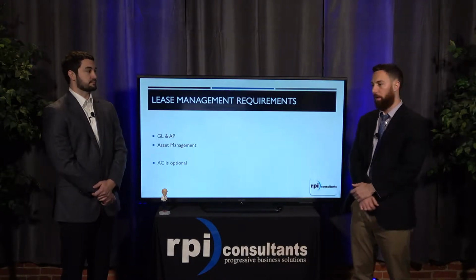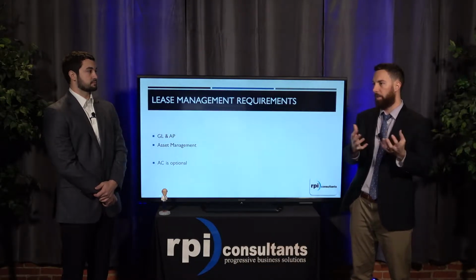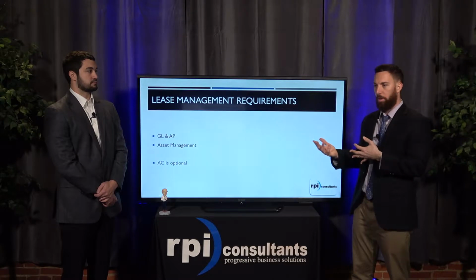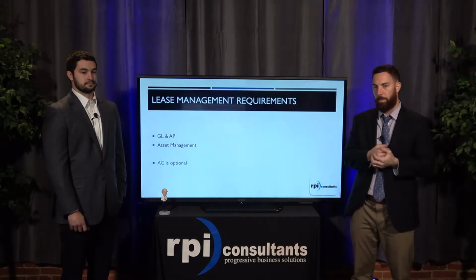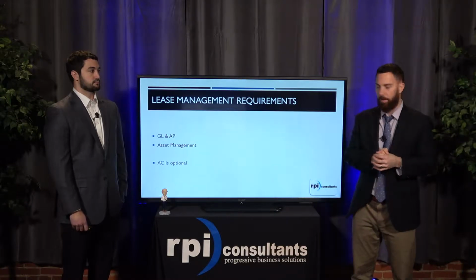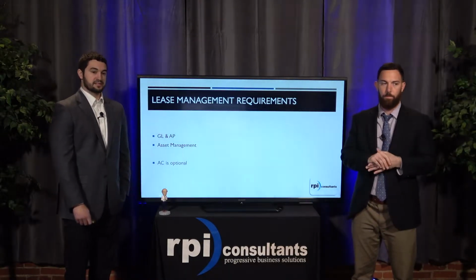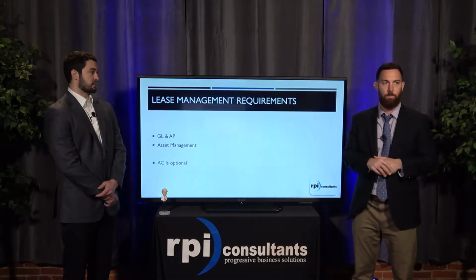Every lease needs to have a handling code for expense type. We're not matching here, so it's expense type handling codes that got brought into AP. But you need to make sure the vendor's set up in AP so you can pay them, obviously. And then activities, it's optional. It's definitely not a requirement, but we've seen people utilize activities as well.